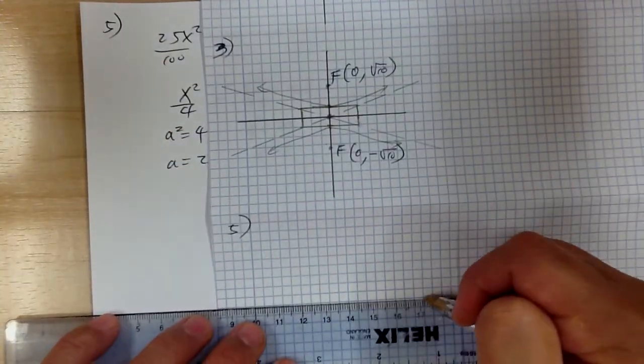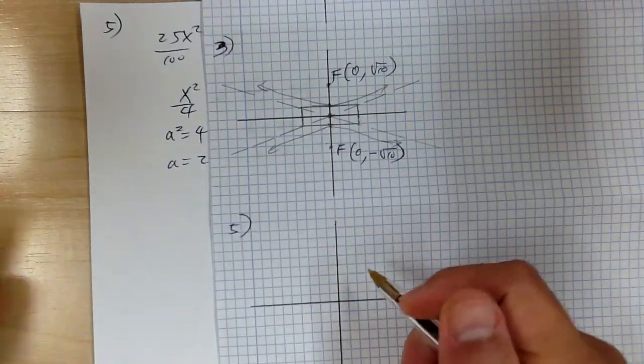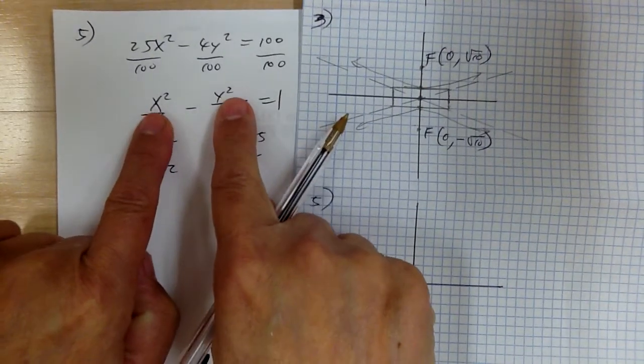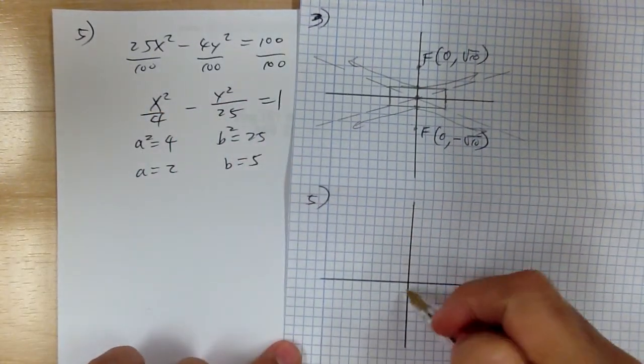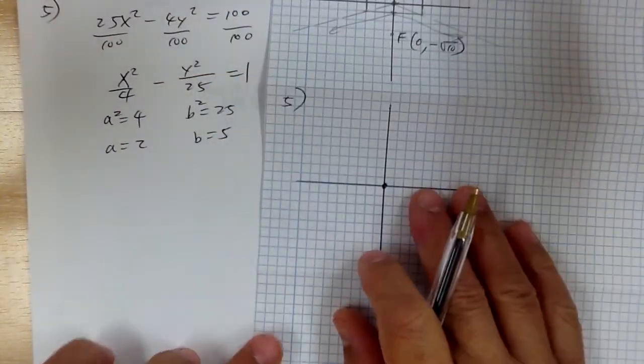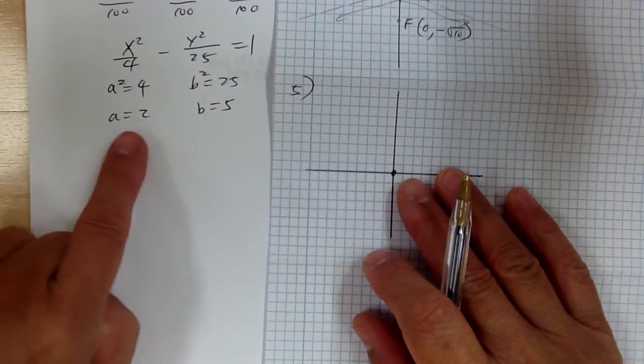So go and get your axes. Okay, so over here, first you locate your center. Since there's no parentheses, the center is going to be at 0, 0. Everything starts from the center. After you find the center, your next step is to get your box.